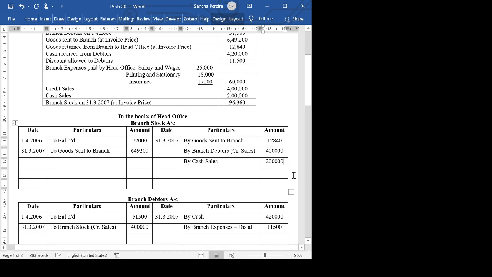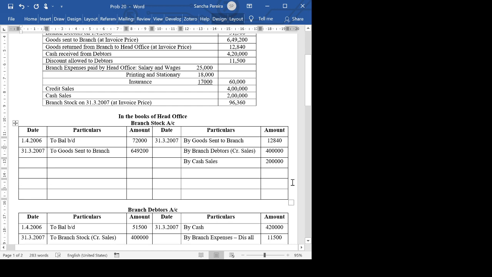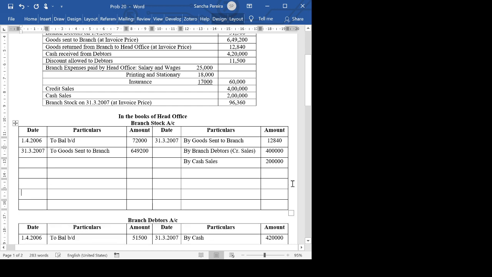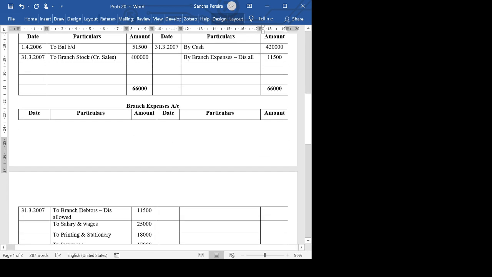And finally, we have the closing balance of stock. Always leave 2 lines, because you don't know which side the balancing figure may come in case there's a surplus or a shortage. And I said closing balance should always be the last item. So by balance carried down, 96,360. And on this we have to calculate the stock reserve.